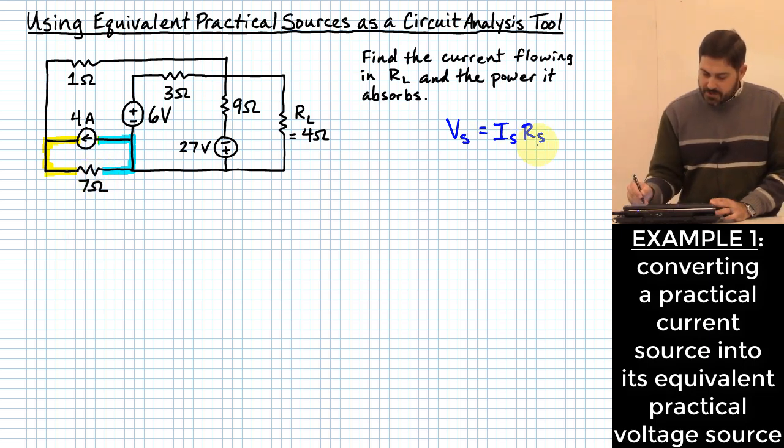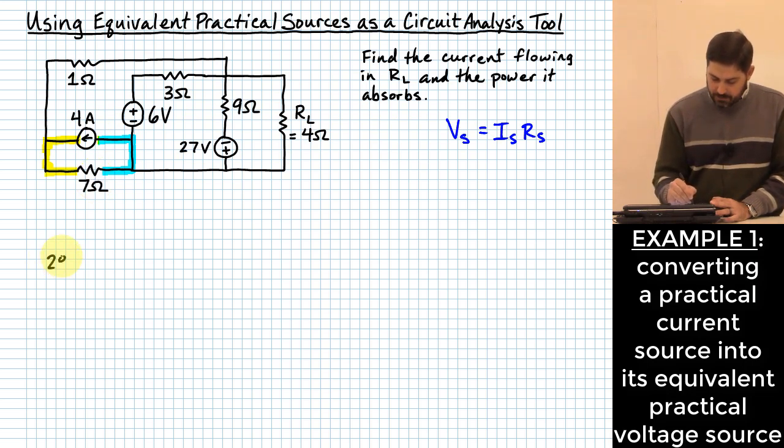Vs is equal to ISRS. What's Is? 4 amps, right? For this one that I just identified. What's Rs? 7 ohms. So when I do this, I should come up with a Vs that is 4 amps times 7 ohms. What would that be? 28 volts.